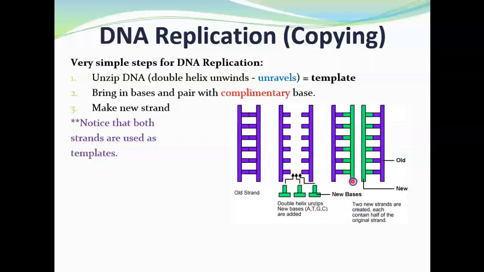So the new ones are going to be called complementary base pairs. And since the original strands, the purple ones in this case, still exist once replication is completed, they call this semi-conservative. You are half keeping the old, original strand. That's a term I'm going to review with you.